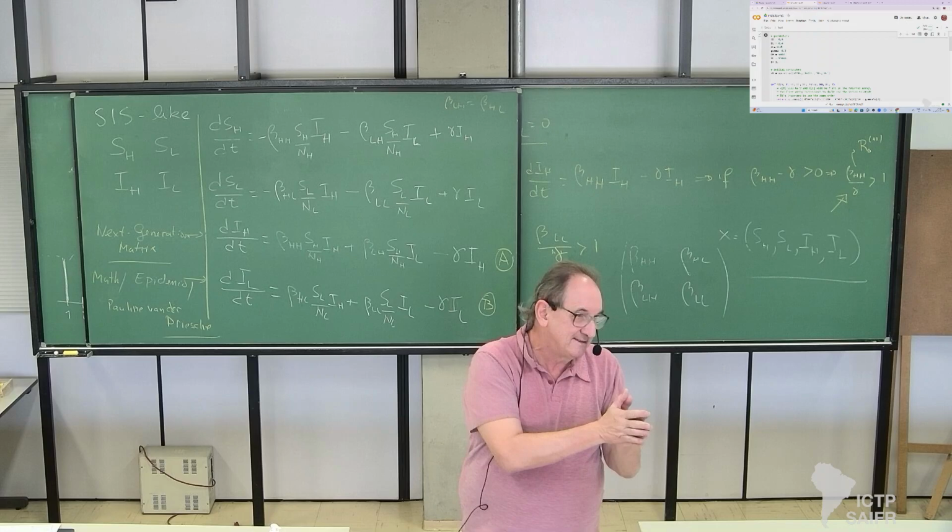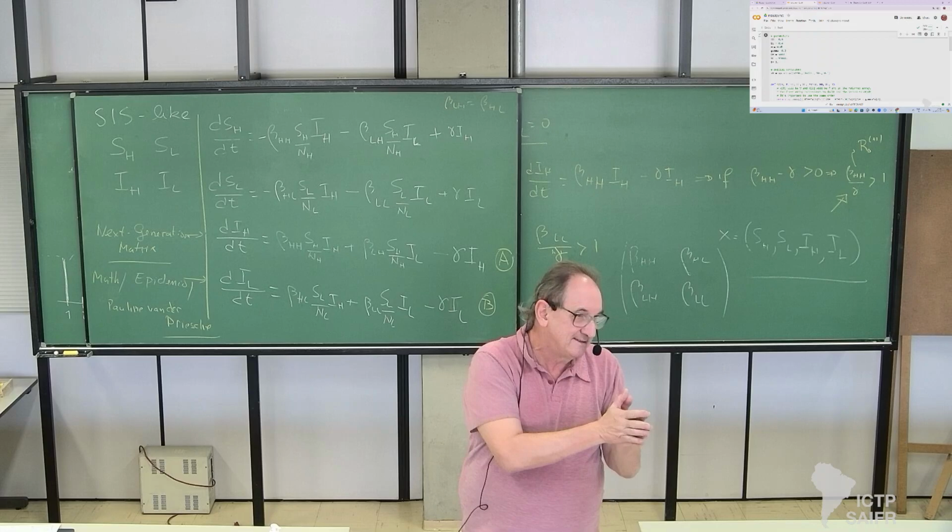And also, you could say people who have sexual contacts have a real distribution, but just say that now it's instead of high risk, it's age.